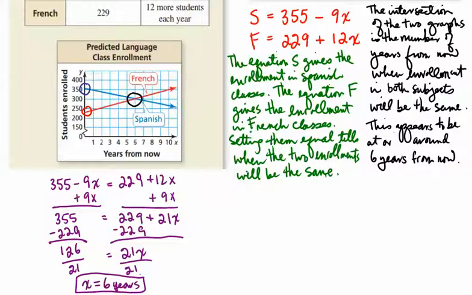And so again, this is a very important type of problem for where we're going with algebra this year, and that is we'll be given information in tables, we'll have information in graphs, we need to be able to construct equations from either or both of those, and to relate the equations to the graphs, in this case showing the solution to the equation happens to be the intersection point of the two graphs, and what that means is the number of years from now when enrollment in the two subjects will be the same.